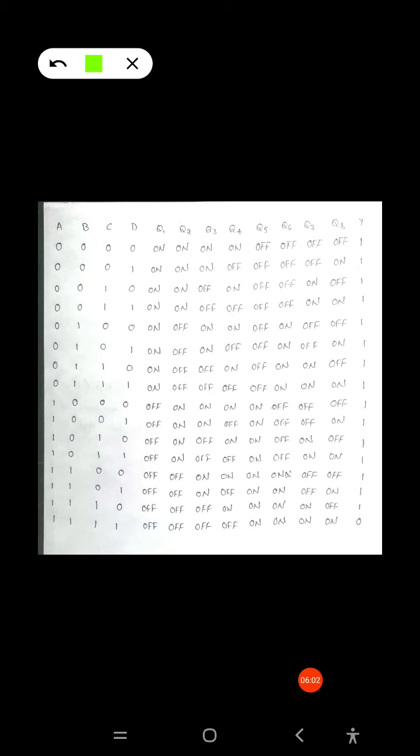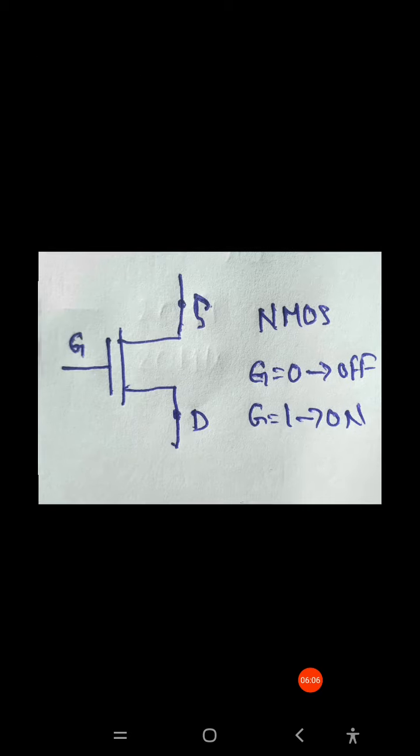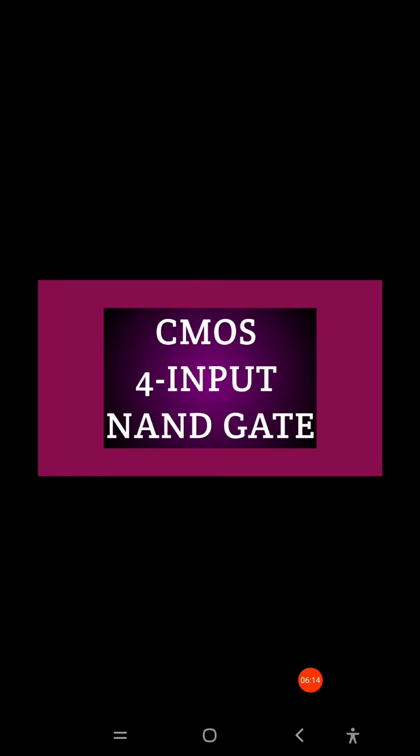In this way we write the truth table by explaining all the transistors, whether they are on or off, using these techniques. So in this way we can explain the CMOS 4 input NAND gate. That is the thing.